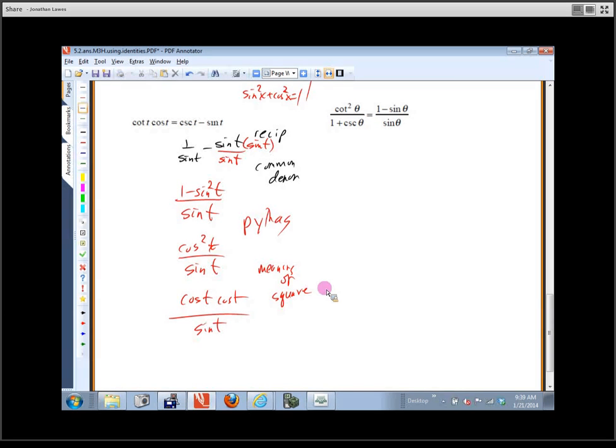And then again, something that we don't normally do: break that up. Now, do I need to write cosine t over sine t and cosine t over sine t? Do I need to write it twice? That's wrong, isn't it? This multiplication problem should represent that fraction. If I were to multiply the numerators, I get cosine times cosine, which would be cosine squared. On the bottom, I'd get a sine squared. So I only need this.